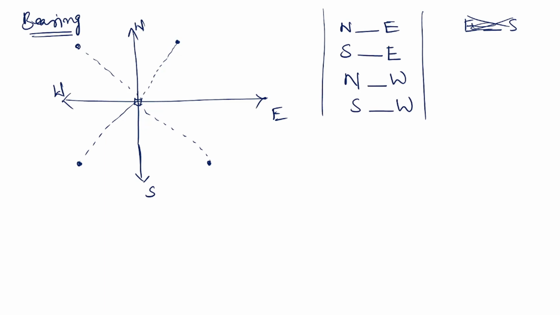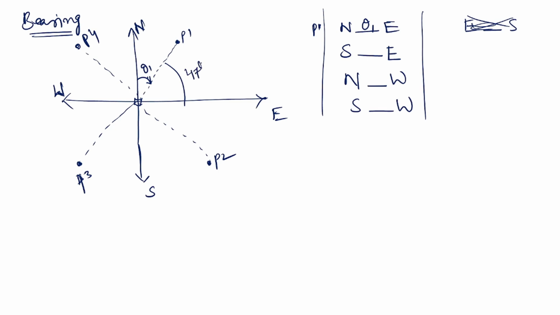Suppose this is N, and this is W. Suppose there are points 1, 2, 3, 4. You have to find this angle, let us say this is theta 1. To express the bearing of point 1, it is N theta 1 E. Suppose this is 47 degrees.